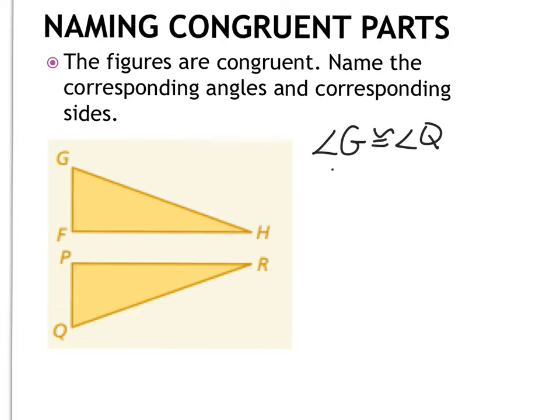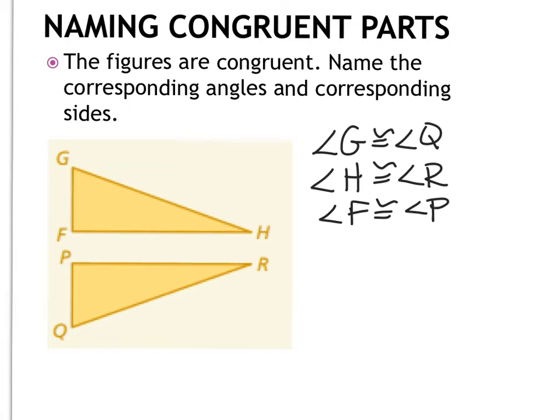So I'm going to move on to angle H, and I would notice that angle H is in the same location or corresponding spot as angle R. And then my last one, I would have angle F is corresponding or congruent to angle P.